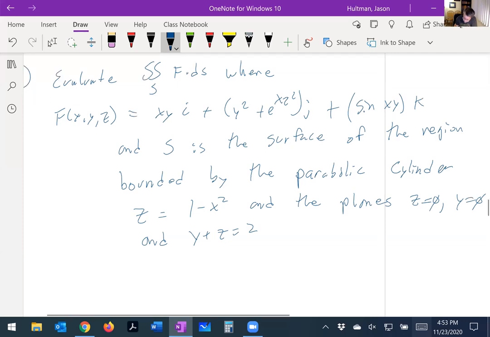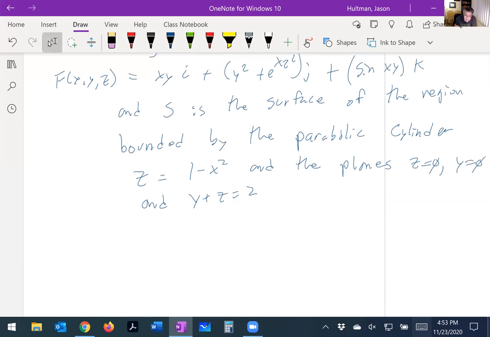Okay, so what does the surface look like? The region bounded by the parabolic cylinder z equals 1 minus x squared. So this is just going to be negative x squared plus 1.